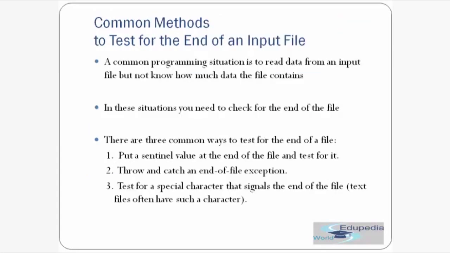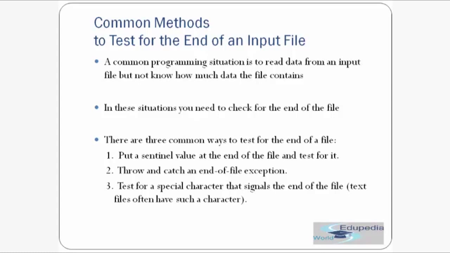Now, common methods to test for the end of an input file. A common programming situation is to read data from an input file but not know how much data the file contains. In this situation, you need to check for the end of the file. There are three common ways to test for end of file. One is to put a sentinel value at the end of the file and test for it.